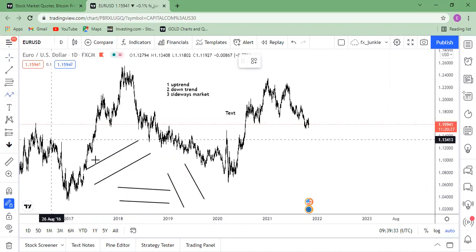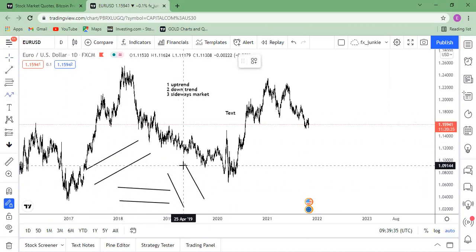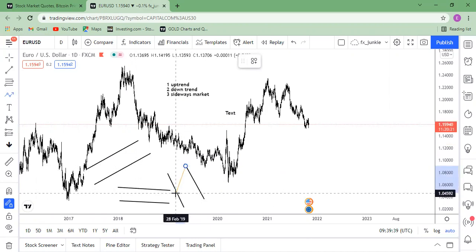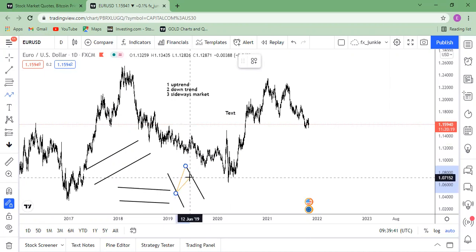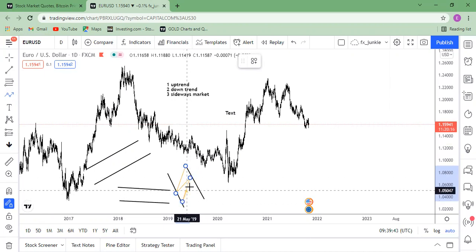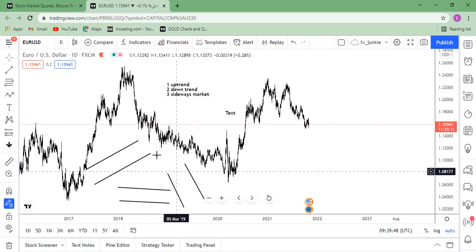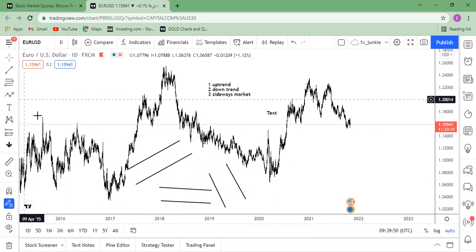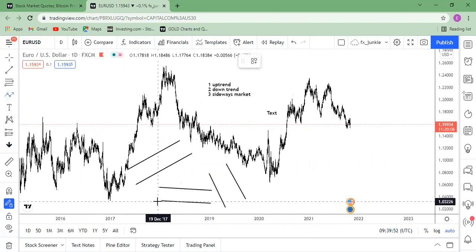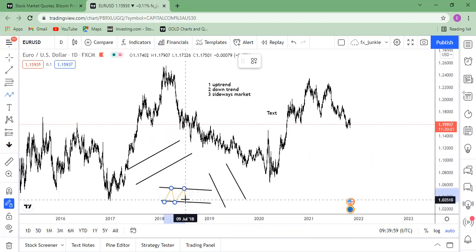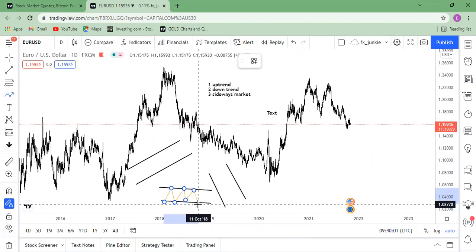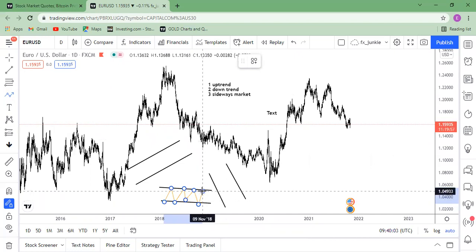And how do we know of a downtrend? You see lower highs and lower lows: lower high, lower low, lower high, lower low. Okay? I'll just put a sideways market. The market will be just bouncing up and down, up, down, up, down, but keeping the same support and the same resistance constantly, same level, right?